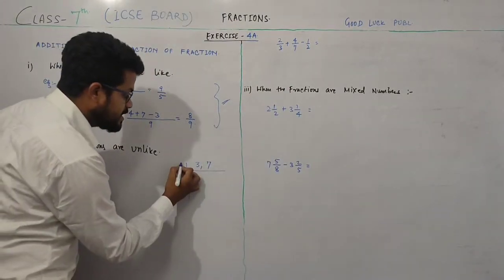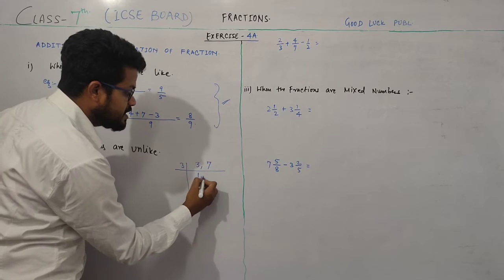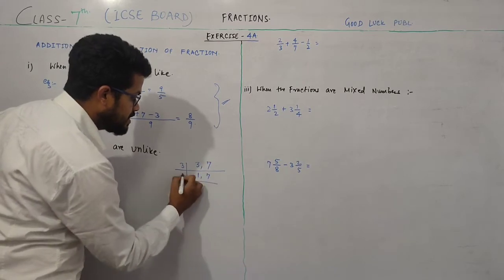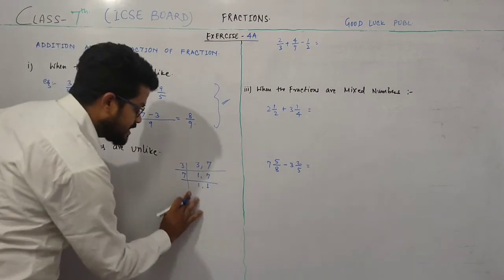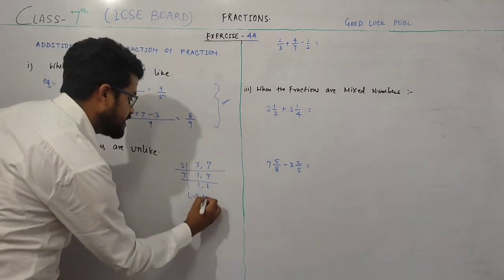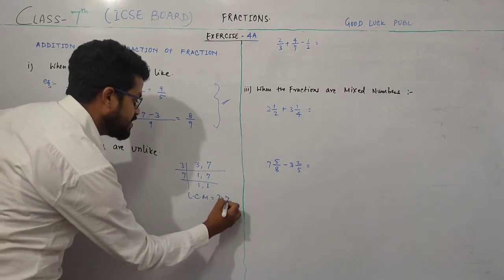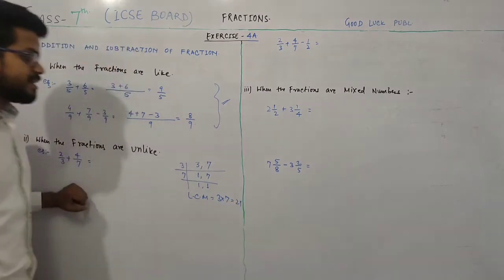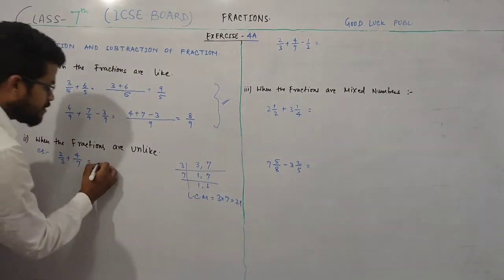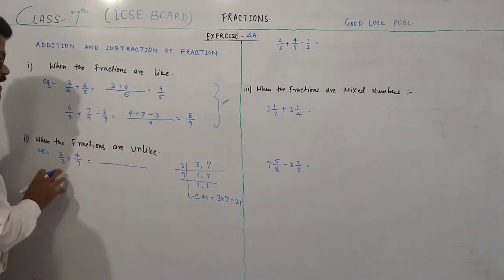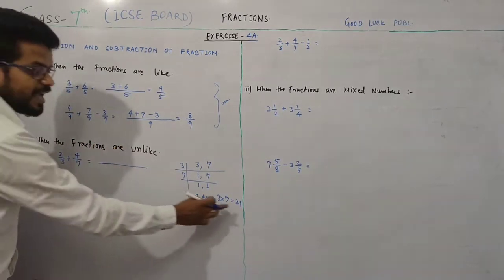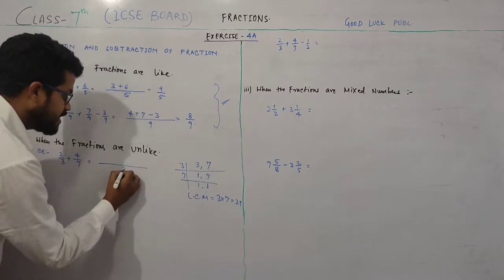So I divide these with 3: 3 ones are 3, and 7. Again with 7: 1 and 7 ones are 7. So the LCM is equal to 3 into 7, which is 21. Again we draw a horizontal line, and in this case we write this LCM in the denominator.